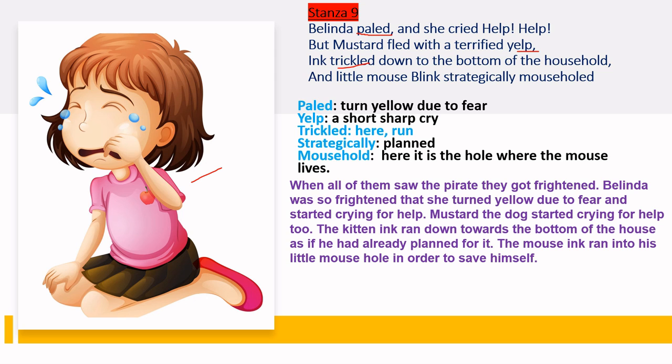The kitten Ink ran down towards the bottom of the house as if he had already planned for it. So he also ran away from there. The mouse Blink ran into his little mouse hole in order to save himself. So all of them were looking for a safe place. They ran away as they saw the pirate.